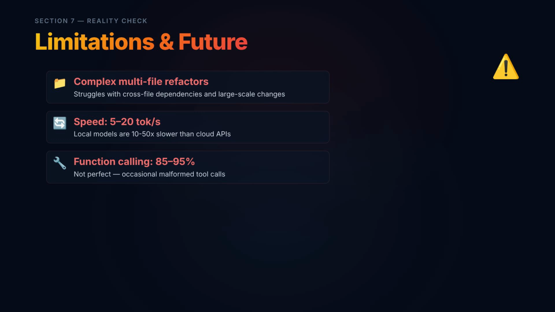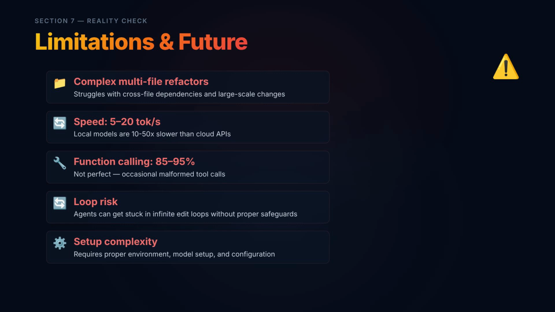Setup is another barrier. Running Ollama or llama.cpp, choosing a quantization, configuring endpoints, and connecting an agent runtime still takes more work than using a hosted assistant. The direction is clear though. Local coding models are getting better at long context, tool use, and instruction following.